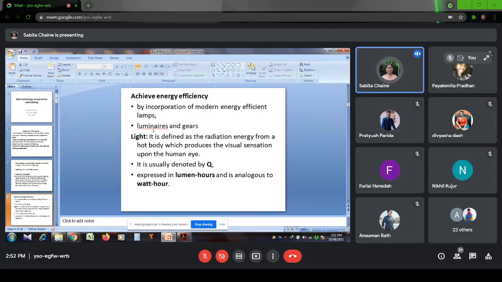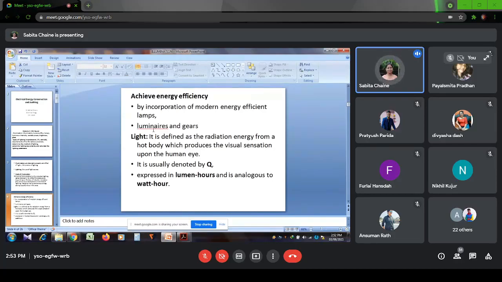You are electrical engineers, so sunlight is the primary source of energy. The other source of light, which we get by using electrical energy, is secondary energy. Light is defined as the radiation energy from a hot body which produces a visual sensation upon the human eye.